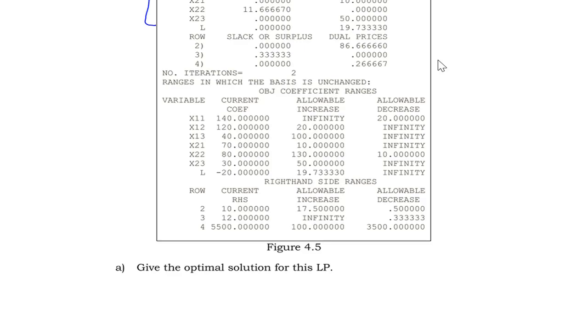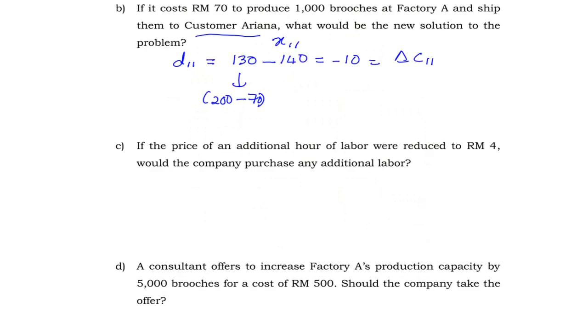So for the objective function range, for variable x11, the change is negative 10, so decrease by 10 units. But the maximum decrease is 20 units, so negative 10 is within the optimality range.